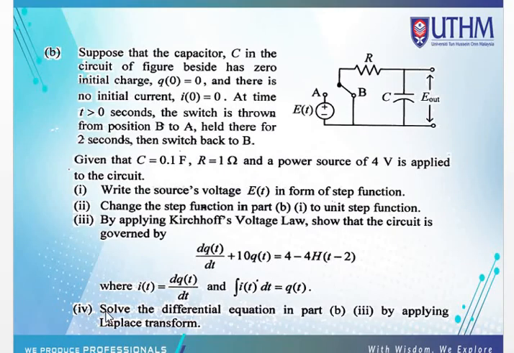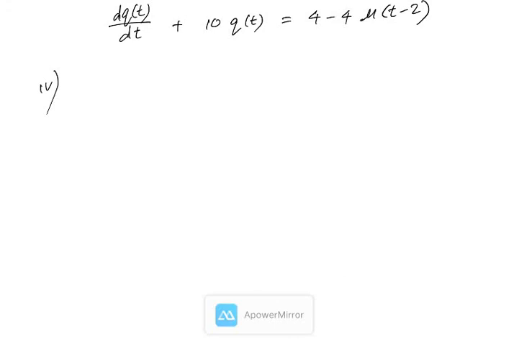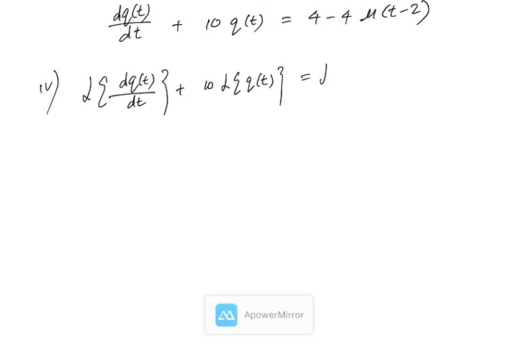And then the last question is to solve the differential equation in part B3 by applying the Laplace transform. So applying the Laplace transform, the Laplace transform of dq(t)/dt plus 10 times the Laplace transform of q(t) equal to the Laplace transform of 4 minus 4 times the Laplace transform of u(t minus 2).